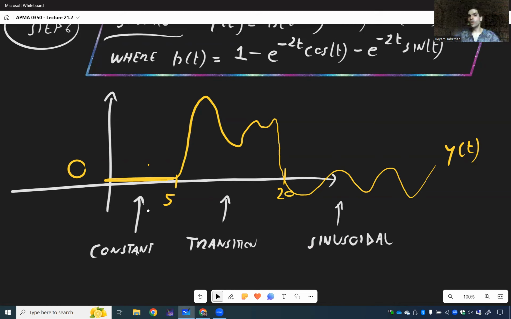Technically, sinusoidal with damping because of the exponential term. Just like you would expect with oscillators with damping. I know it sounds like an empire, but no, it's really not. It's just fun with differential equations.